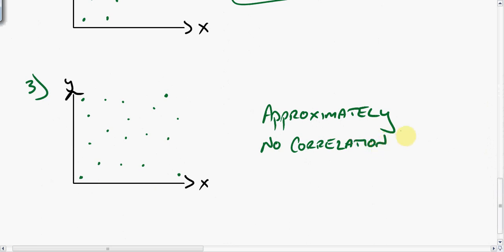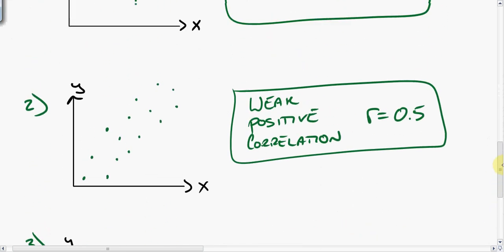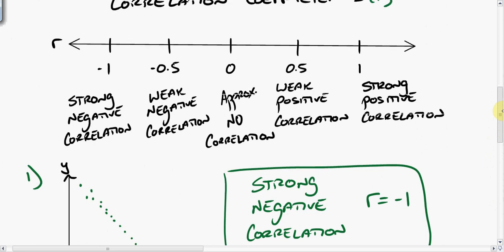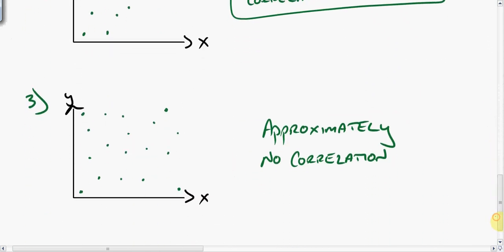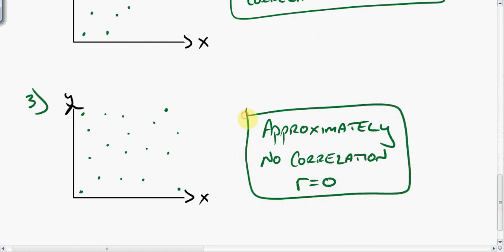And I'll scroll back up to our number line. And we can see approximately no correlation has a correlation coefficient value of r equals 0. So that'll be the last part I write down here. R equals 0. Okay, so we've described and estimated correlation coefficients.